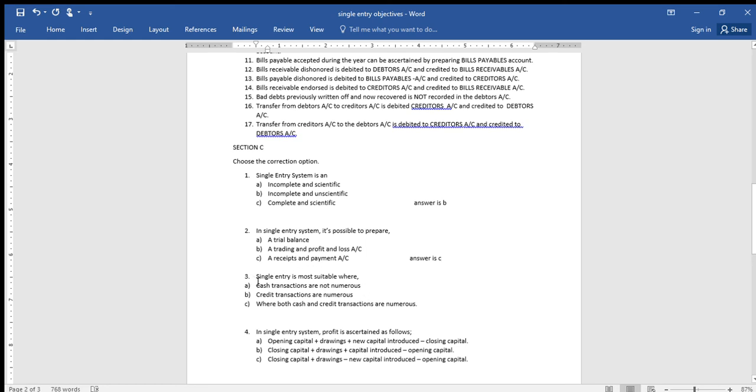Then question 3. Single entry is most suitable where? Option A, where cash transactions are not numerous. Option B, where credit transactions are numerous.